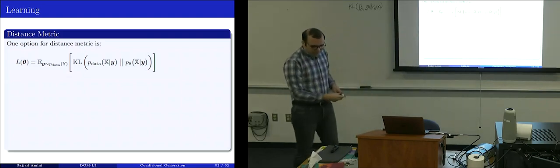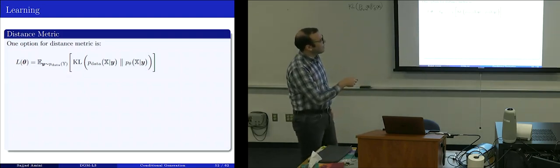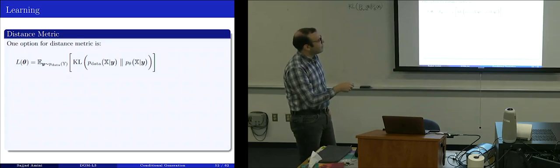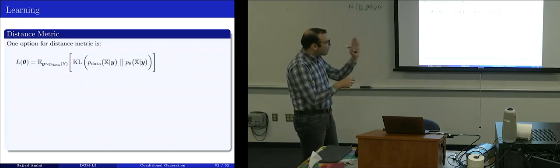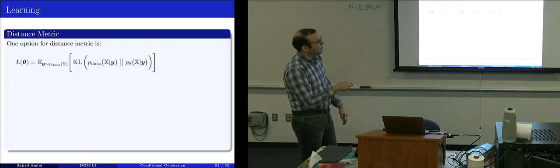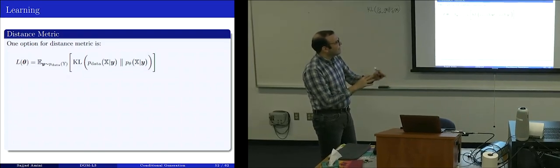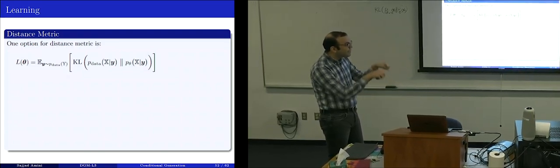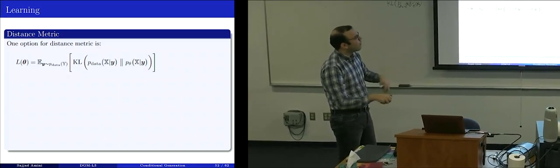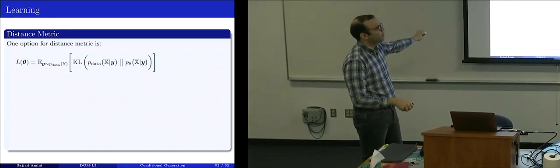But in nature, we are working with exactly this loss function. It means that for one prompt, we are minimizing the distance between the data distribution and model distribution, and then take the expectation of this KL loss over all possible prompts.